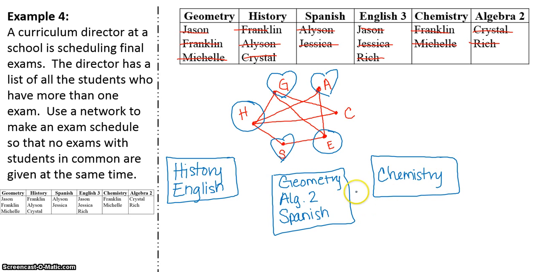Now your other alternative between these two, you could have geometry and Spanish, and then you could do Algebra 2 and Chem.